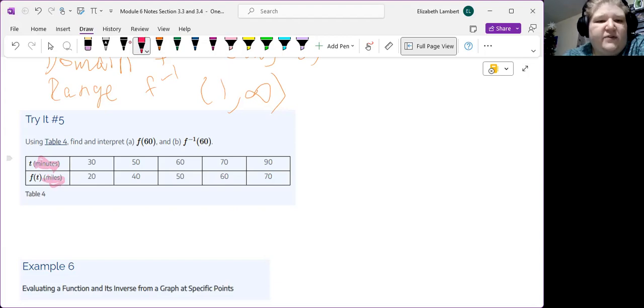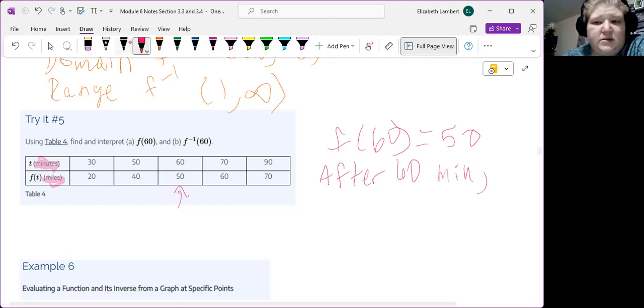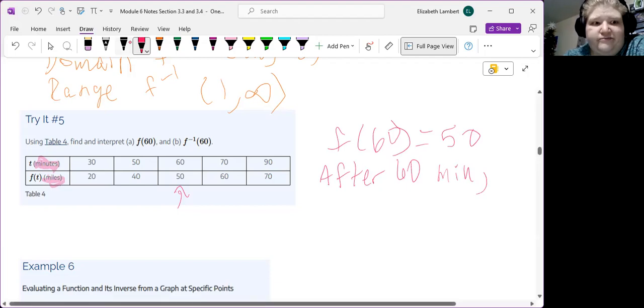So f of 60 is here. So after 60 minutes, it's at 50 miles.